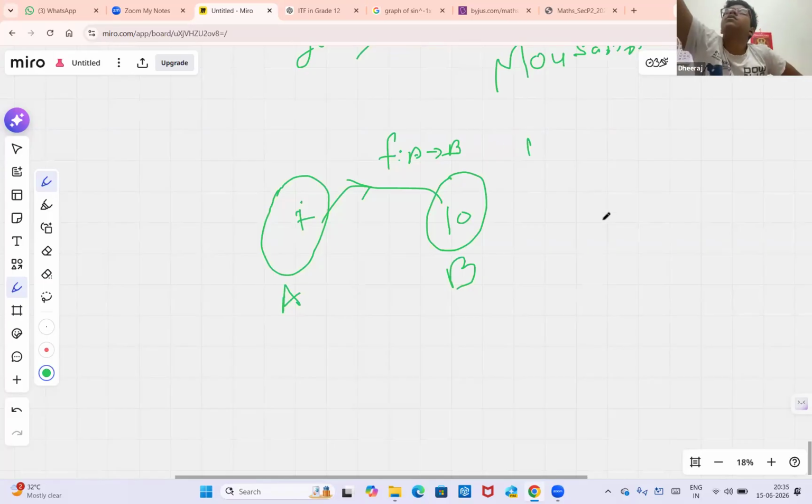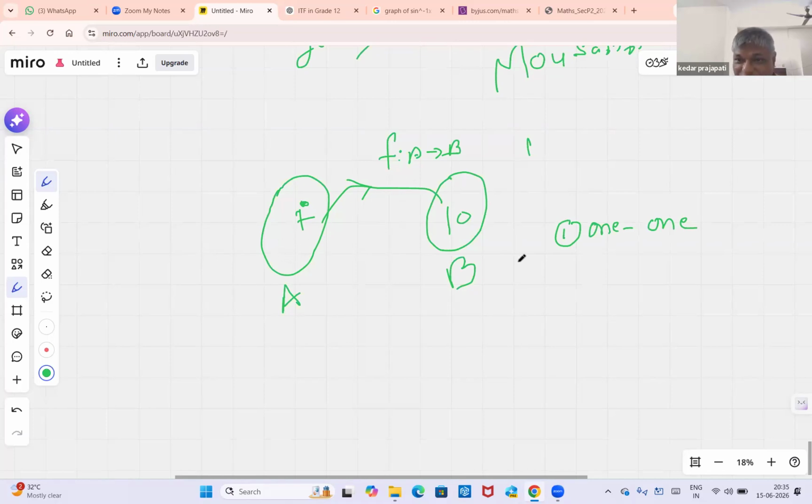A function means what? It is one-one, right? A function is defined when each object has an image, and from A to B there will not be any leftover objects.